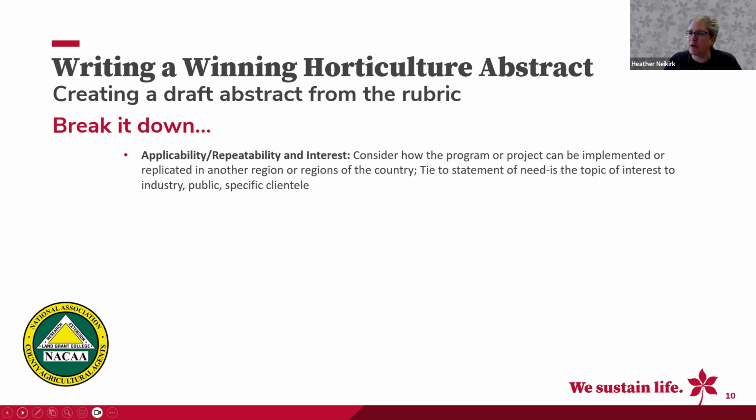And then make sure that we are writing or thinking about how the program or project gets implemented or replicated in other regions, and tying that to that statement of need, and showing that it's maybe a broader issue through 2 or 3 regions of our NACAA family that's attending, or it's something that's an industry-wide topic, a challenge that's being faced there.